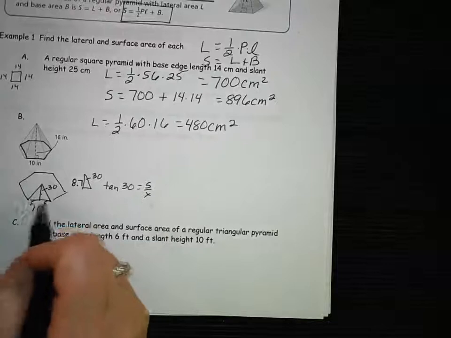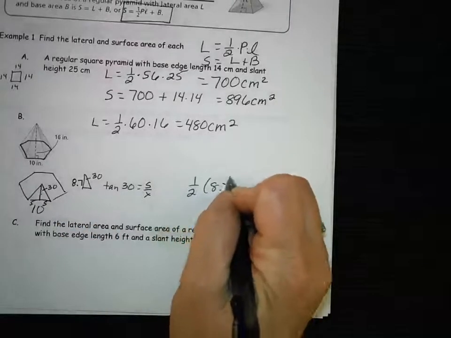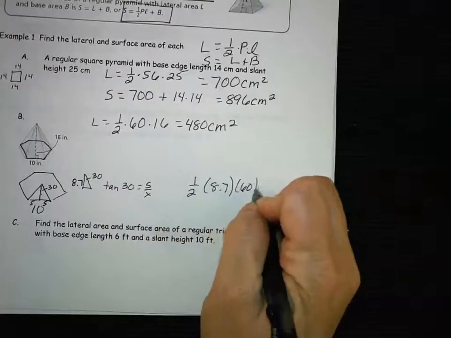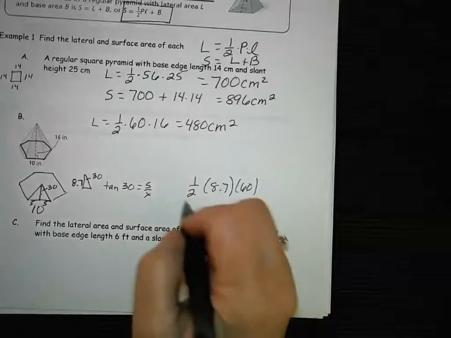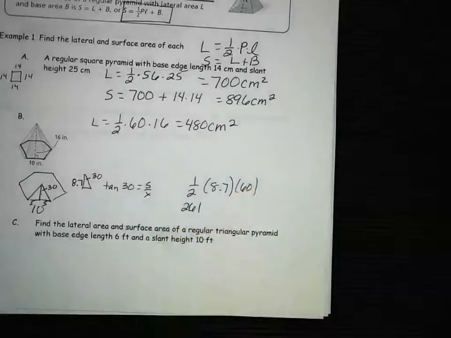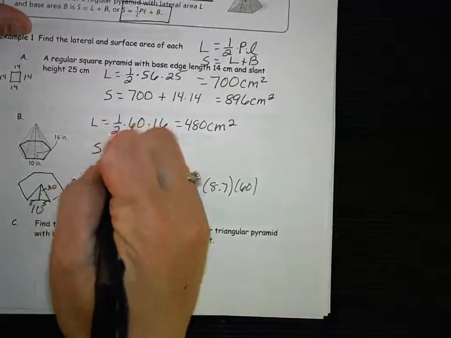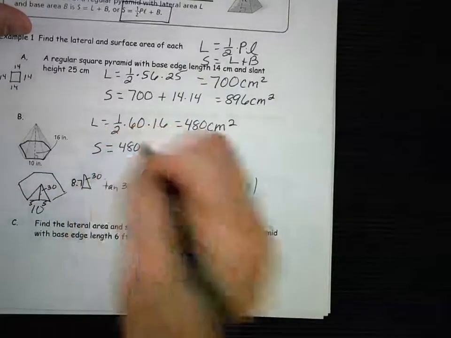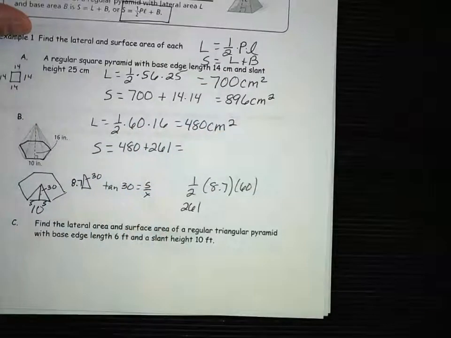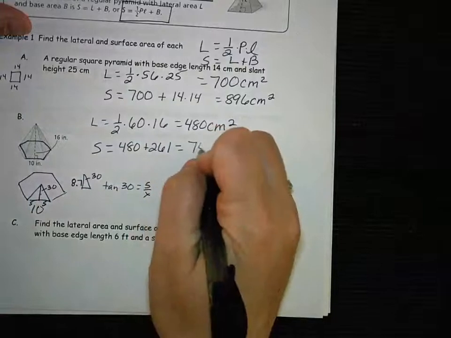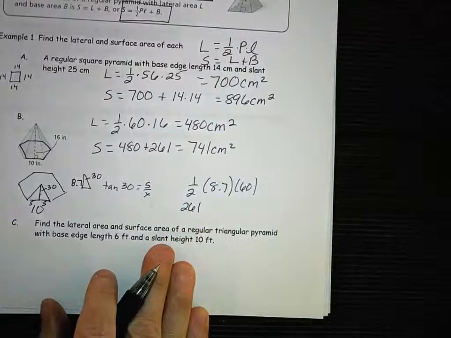So to find the area of this base, we do 1/2 the apothem times the perimeter, and the area of that base, of that hexagon, is 261. So for our total surface area, we have 480 plus 261. So our total surface area is 471 centimeters squared.